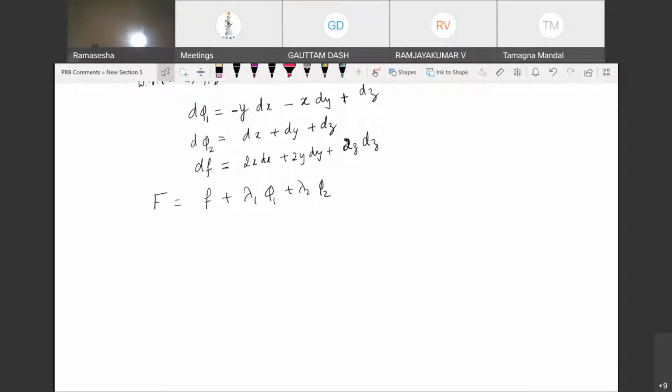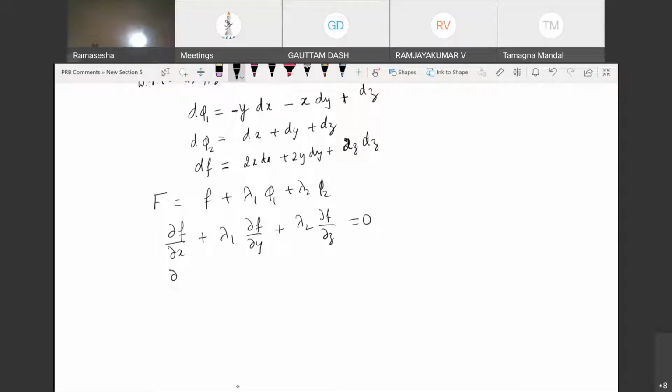I will get the form that is del f by del x plus lambda 1 del c1 by del x plus lambda 2 del c2 by del x equal to 0.